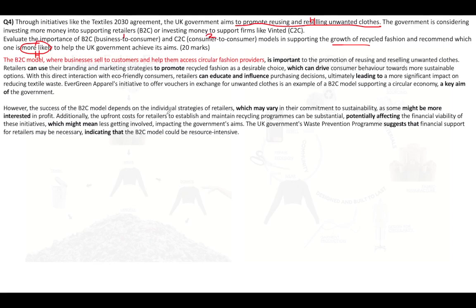Additionally, the upfront cost for retailers to establish and maintain recycling programs can be substantial, potentially affecting the financial viability of these initiatives, which might mean, a nice interpretive chain of argument, less getting involved, impacting the government's aims. The government's waste prevention programme suggests that financial support for retailers may be necessary, indicating that the B2C model could be resource intensive.